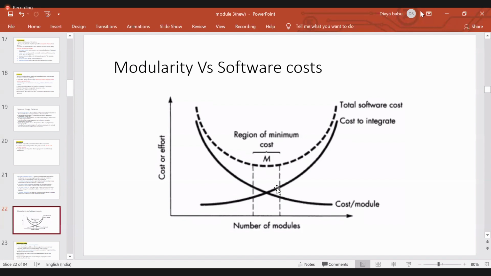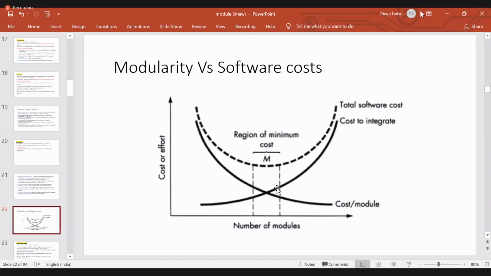So this is the modularity versus software cost diagram. If you have doubt, ask me. For everyone, this diagram is clear. This is an important diagram. How many modules can you create for your project? That you have to plot.